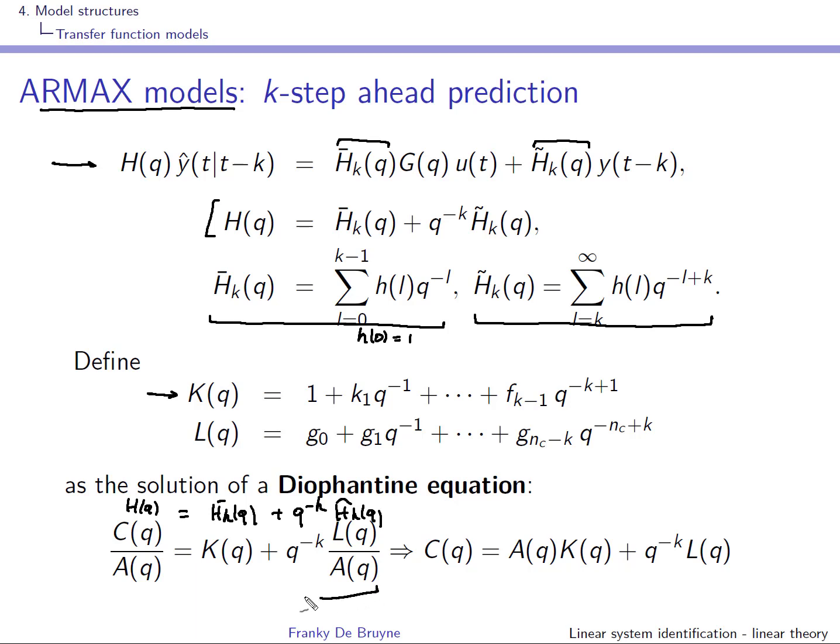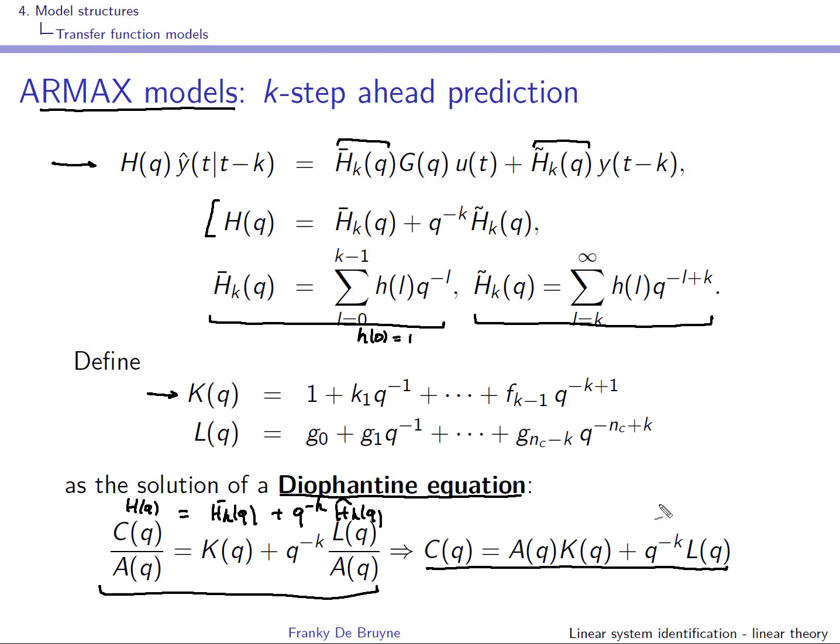This looks a lot like what you've done in the course of model predictive control with my colleague Thomas Museur. So if you multiply by A and rewrite things, then you obtain this type of equation, which is called a Diophantine equation, and this is the type of equation that you've seen in the course of model predictive control, of course, but also in the course of digital control, right?